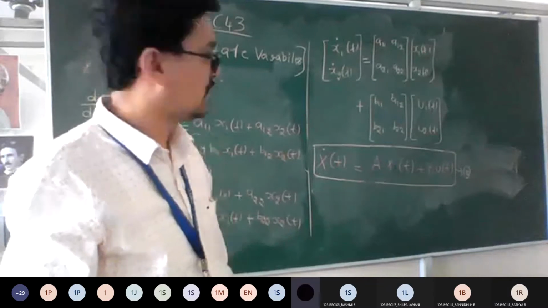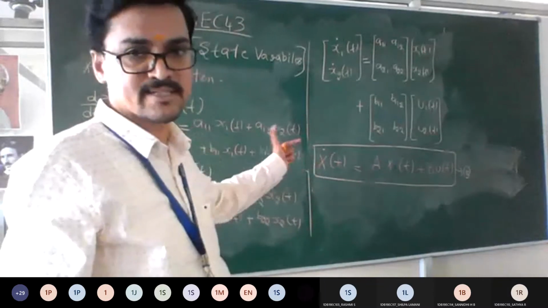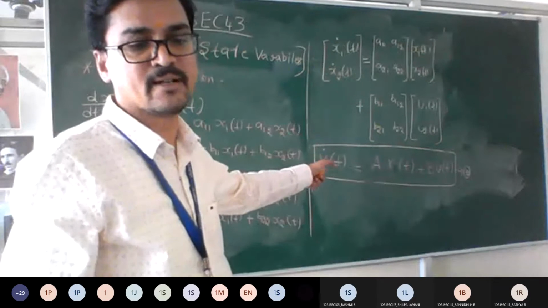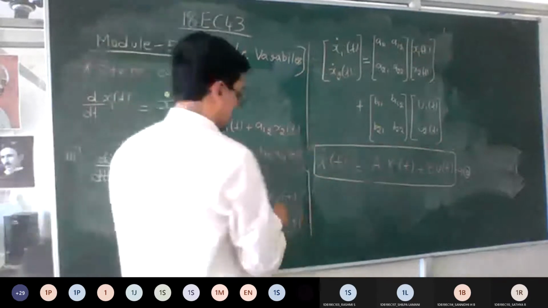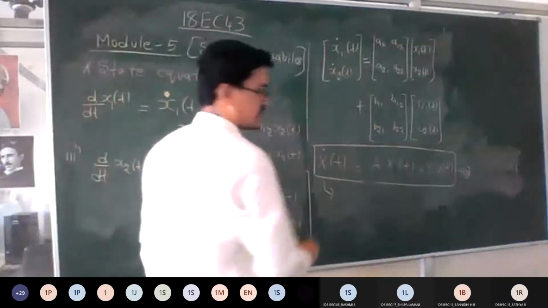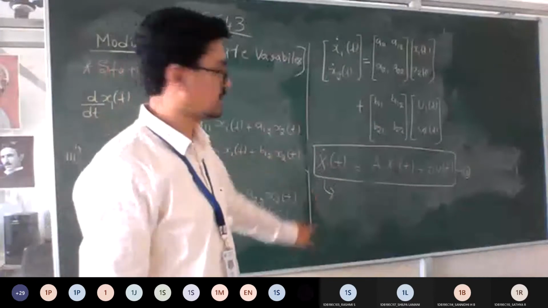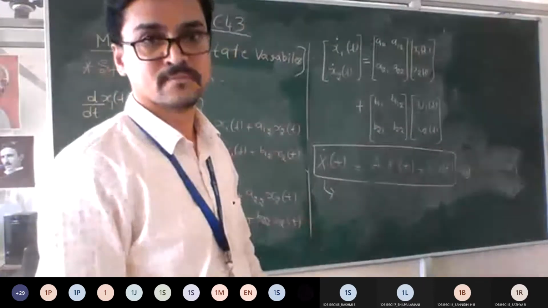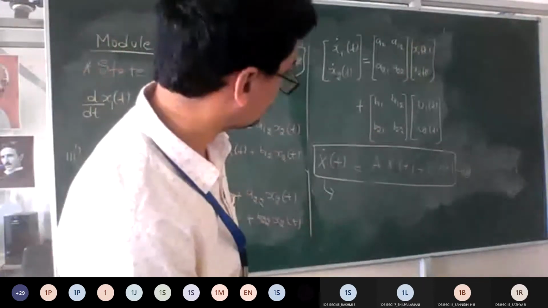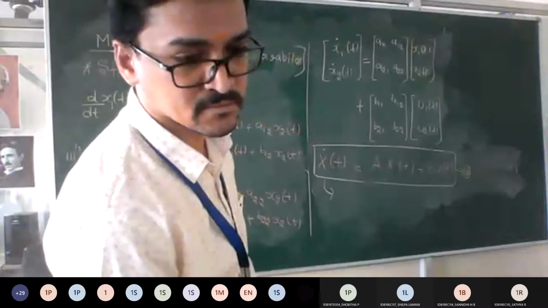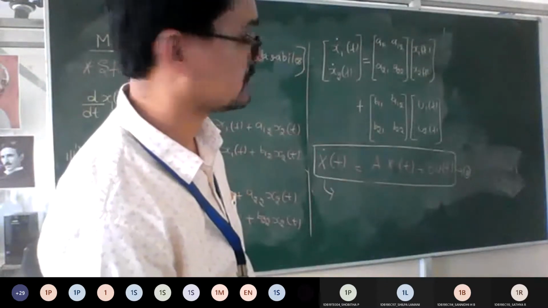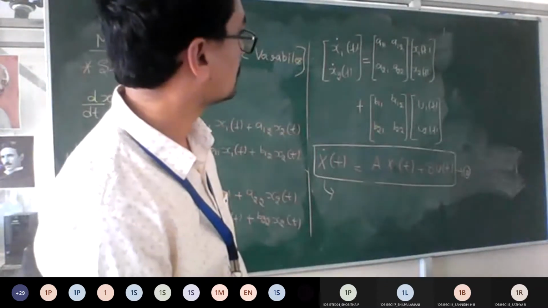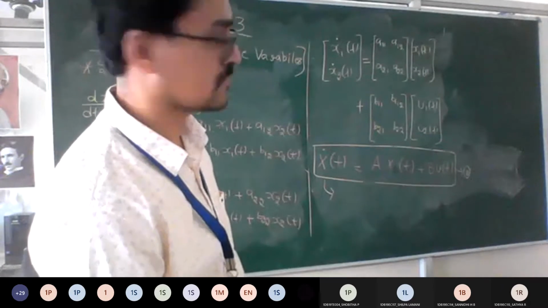As in the earlier case, in the same way you write below this x dot of t. Sir, in the differentiation of x1 of t, there you have written b11 x1 of t. It should be b11 u of t, no, sir?